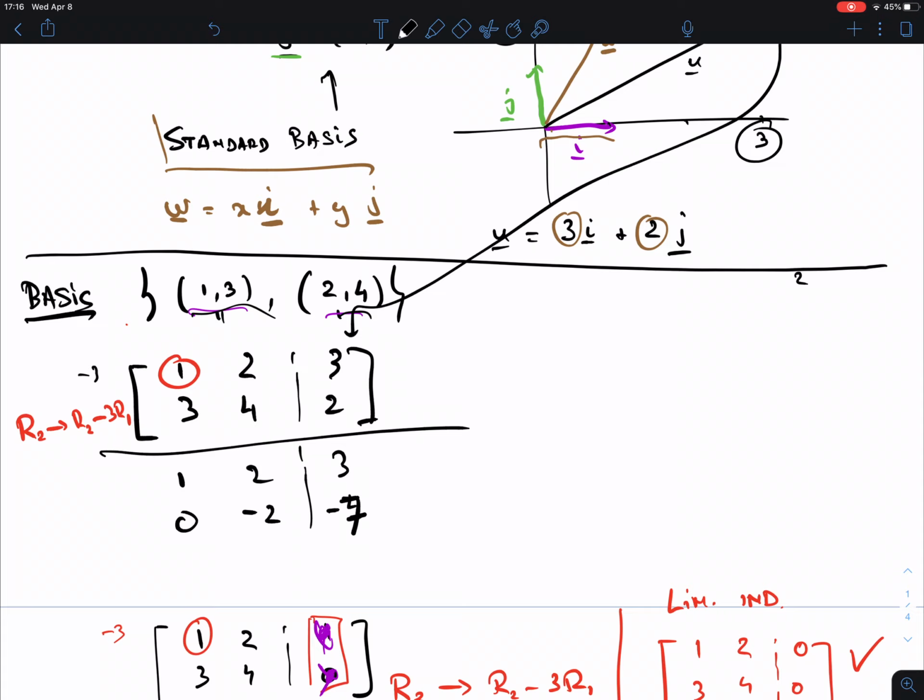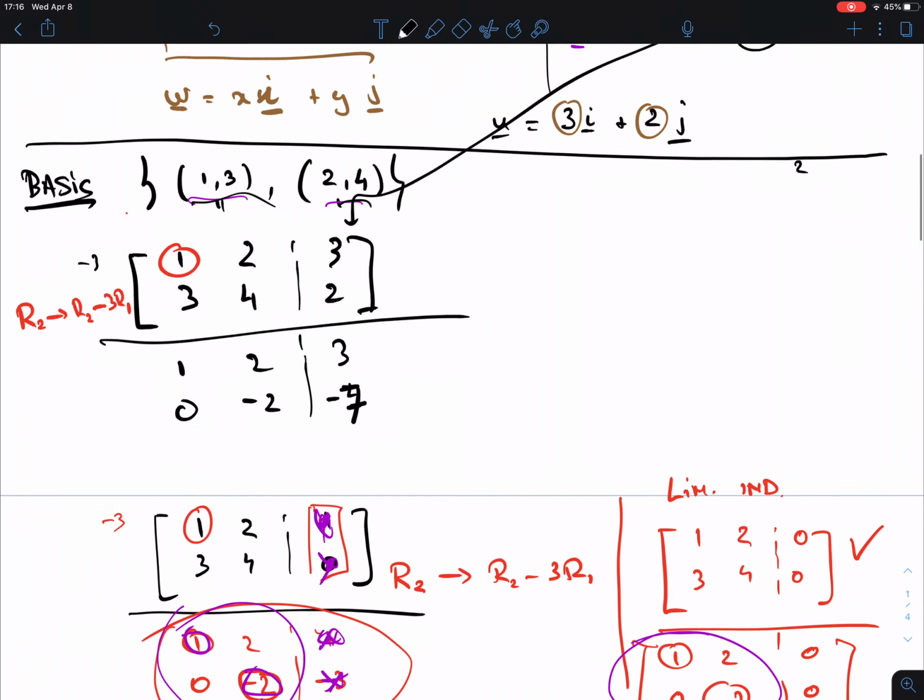Sometimes you cannot expect to not have to deal with fractions, so here you're going to have a fraction. So I need to make this a 1, so what I have to do is divide row 2 by minus 2.